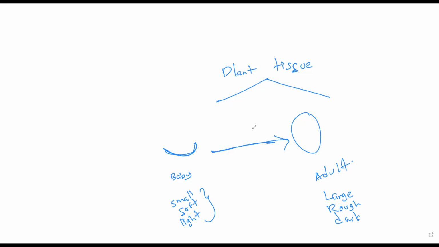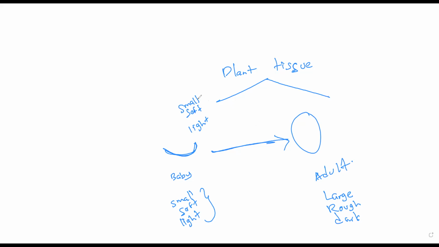So these are some features of baby and adult. This is a feature of plant tissue also. Just like I have categorized baby and adult, like that, children, in plant tissue also we have two types. Some plant tissues are very soft, light in color, and their cells are small in size.